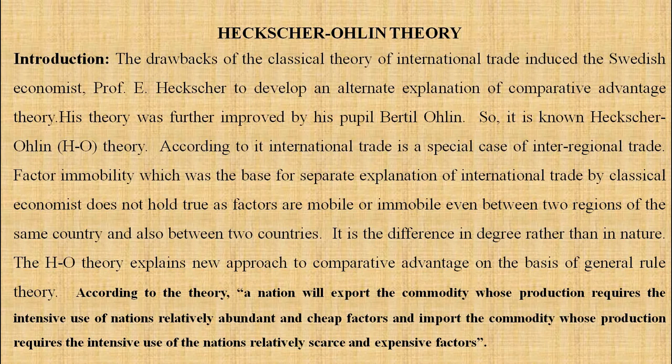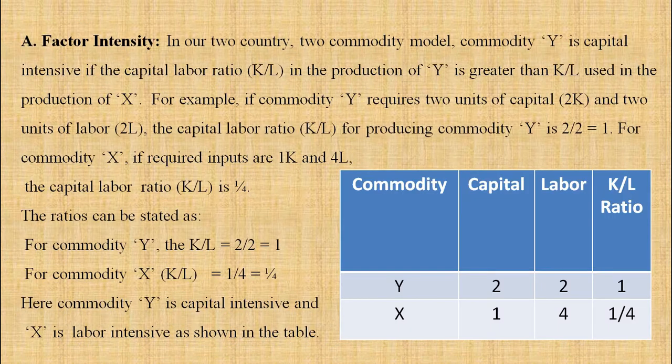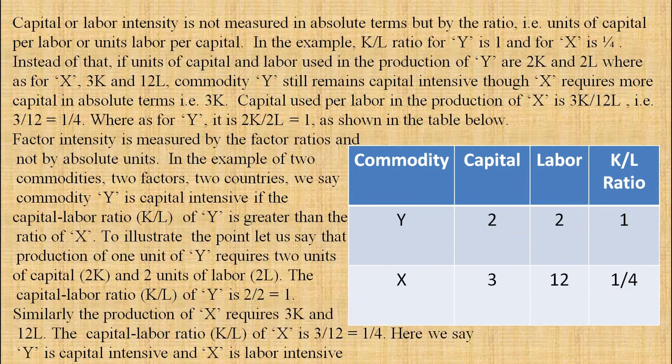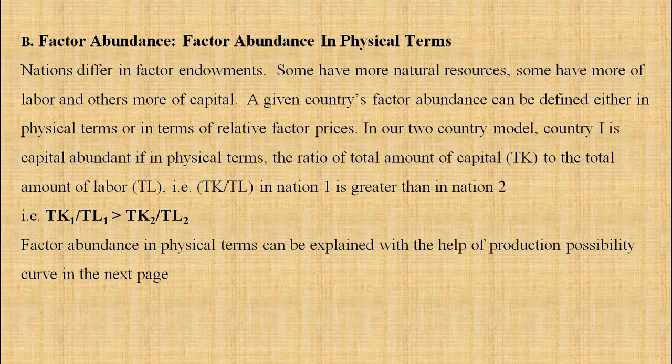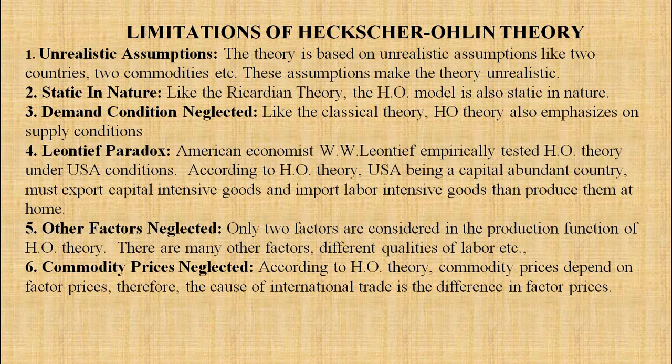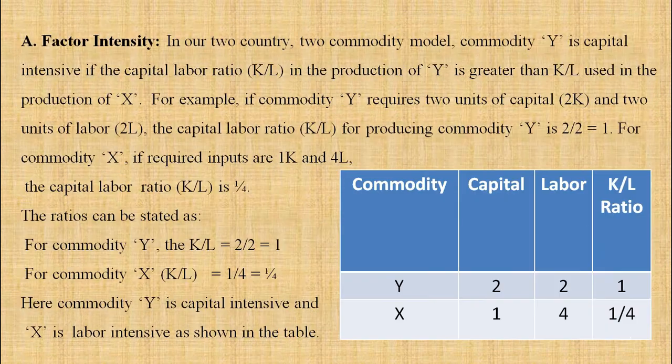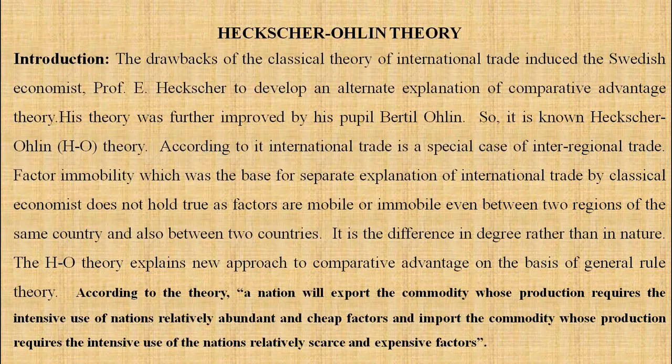In the second lesson there is only one question: explain Heckscher-Ohlin theory. You have to give all the explanation with assumptions, then with table, with diagrams, 2 points, factor abundance and factor intensity, and diagrams for both, and the limitations. Here your entire answer will be over after giving all the explanation.